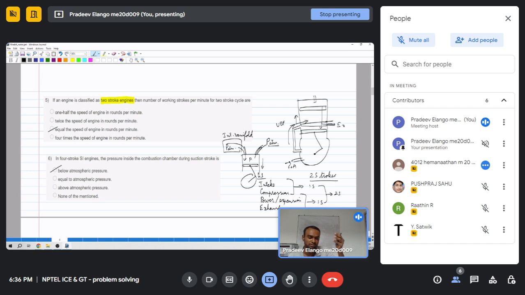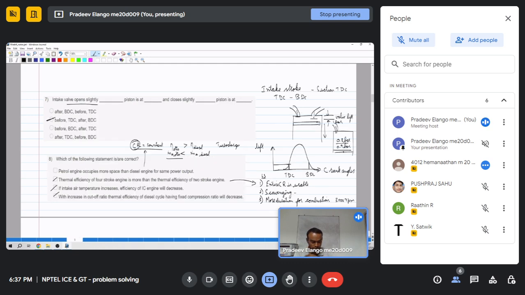And even if combustion is there, it is not transferred to the piston. So because of this, you get less time for combustion. Whereas in four-stroke you have the entire stroke coming down, and because of this you have more duration available for combustion. So this is the third idea why four-stroke thermal efficiency is better than two-stroke thermal efficiency.